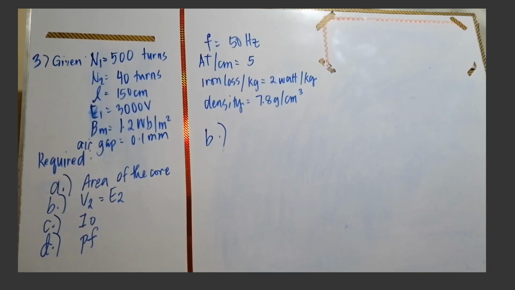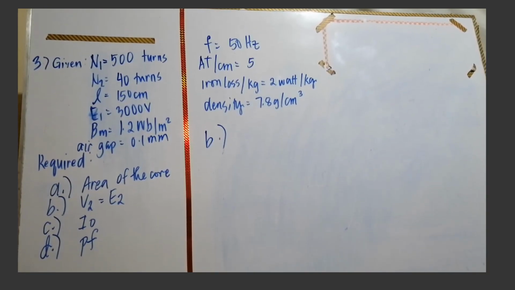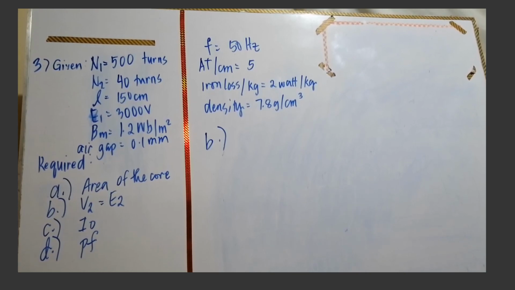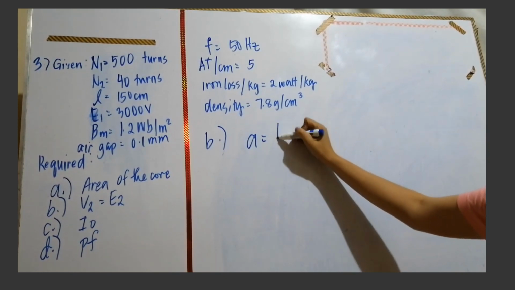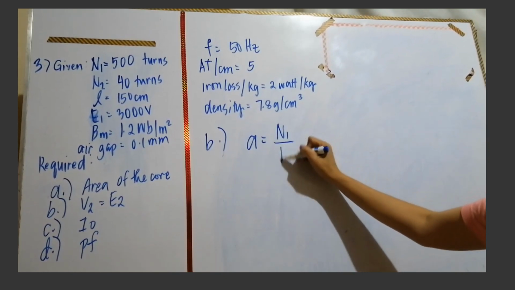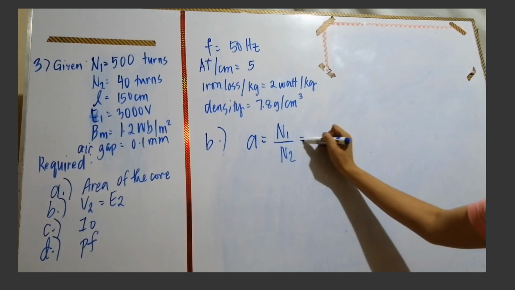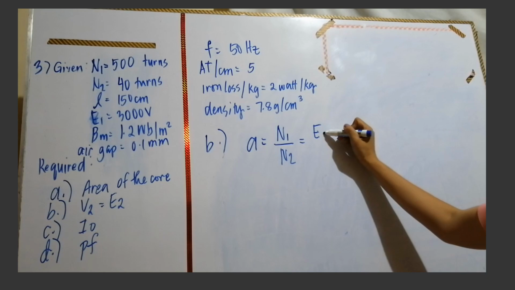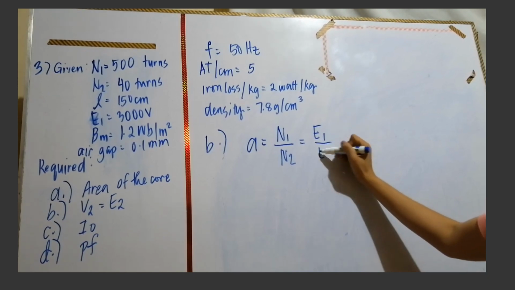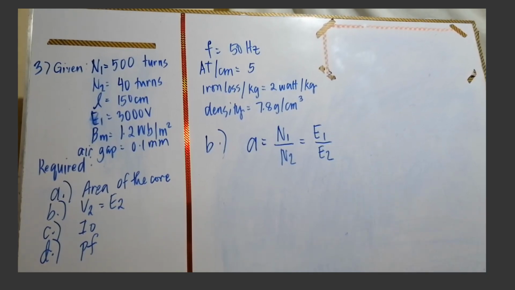Now, let us solve letter B, where we are asked to find the no-load secondary voltage. We know that the transformation ratio is equal to N sub 1 over N sub 2, which is also equal to the induced EMF at the primary, E sub 1 over E sub 2.